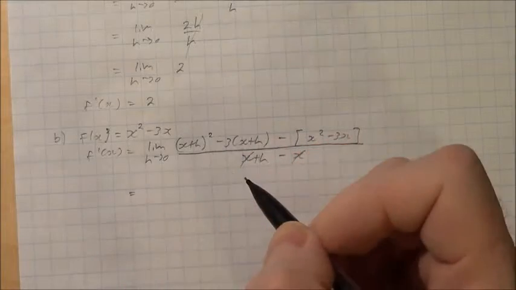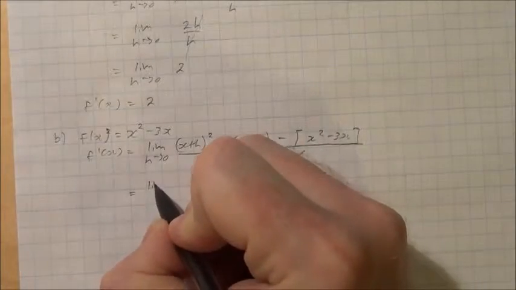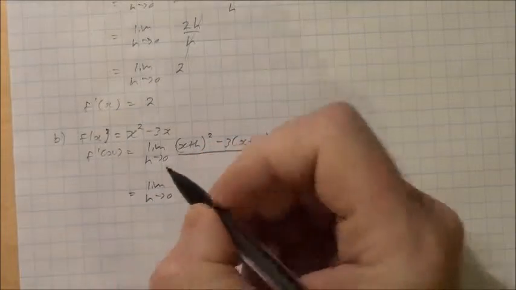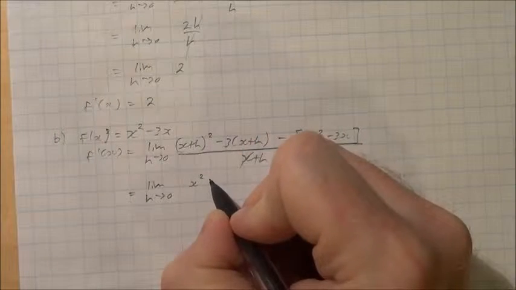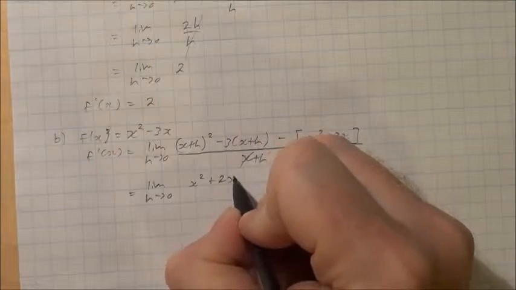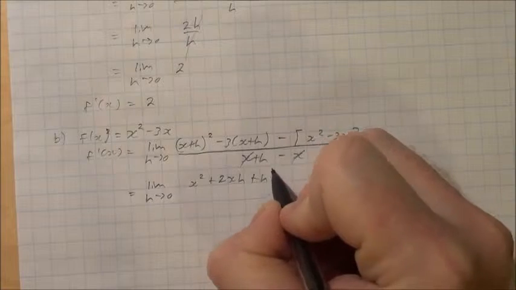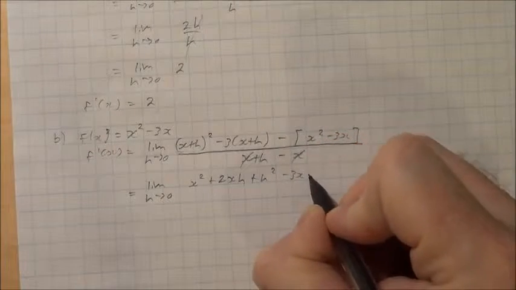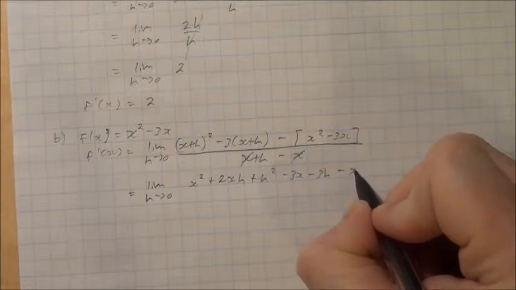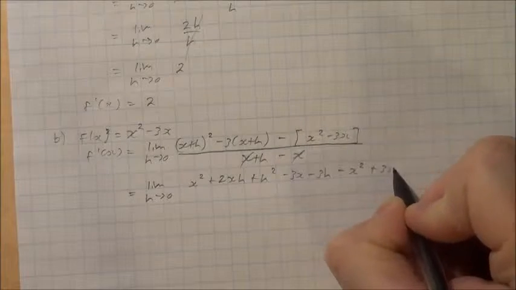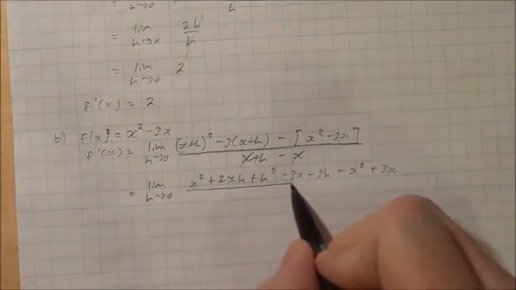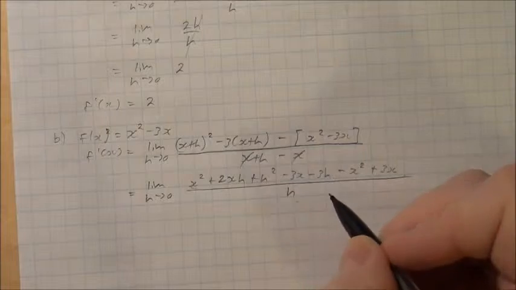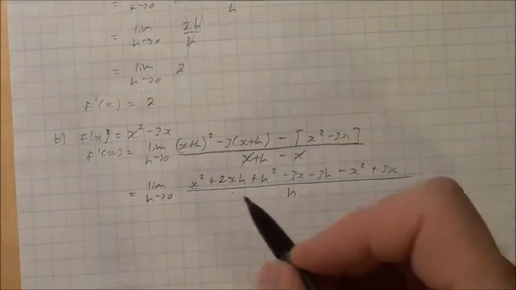And then I'll do this simplification here, expansion, simplification. So I've got x squared plus 2xh plus h squared minus 3x minus 3h minus x squared plus 3x all over h. And then I'll just simplify what I can.